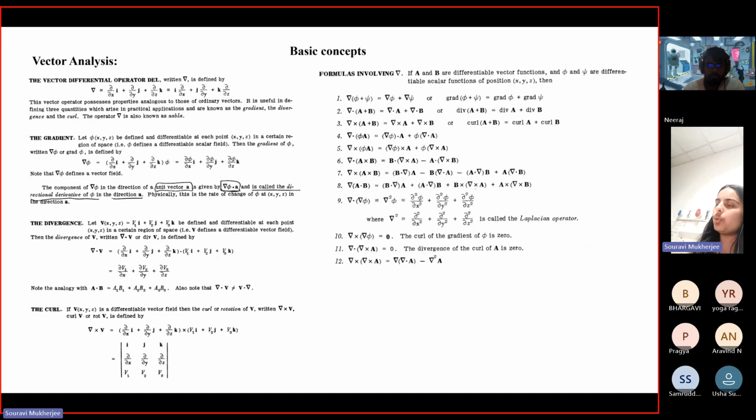Suppose you are at a point and there are different field lines: whether the field lines are starting from that point, coming to that point, or there is no such direction inward, how do you get that information out? You use the divergence. While what does curl tell us? Curl tells us how the field lines are rotating.